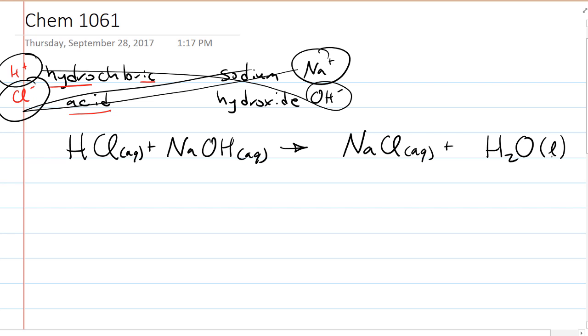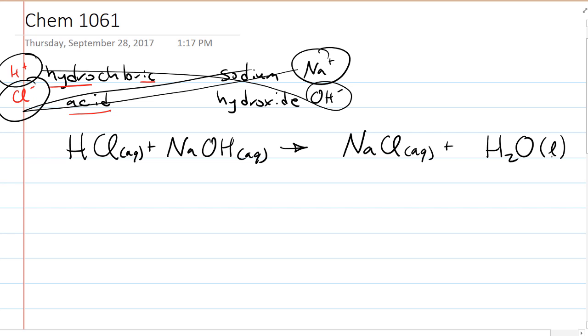It's aqueous when we dissolve it in water. If it is water, it is a liquid, unless it's really hot or really cold, then we have a different phase. So now we need to balance this equation. Is this equation balanced? Yes, it is. Two hydrogens on each side, one chlorine on each side, one sodium on each side.